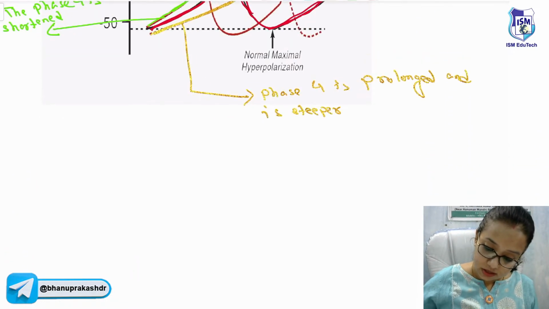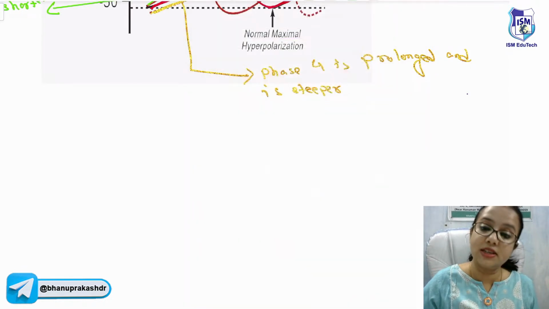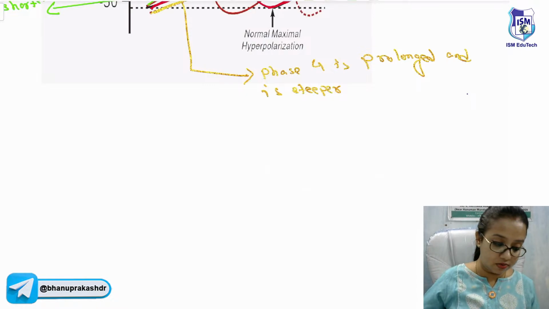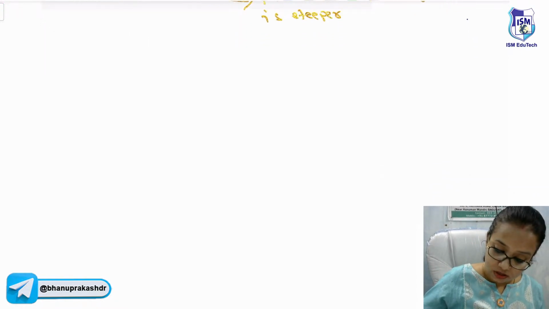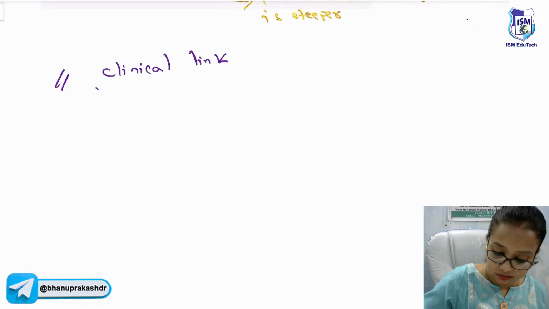Now, there is a condition that affects the conducting capacity of the AV node. Clinical link.